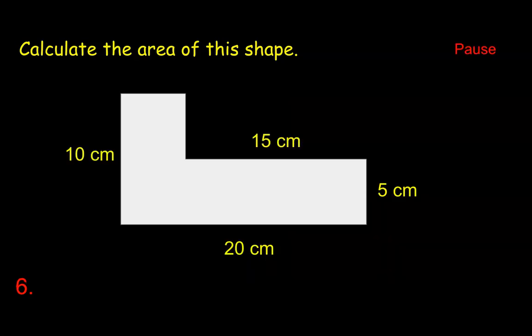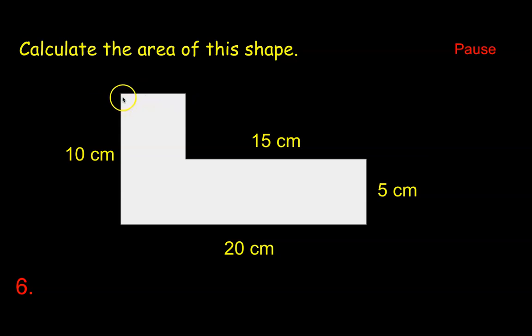Right, calculate the area of this shape. Don't rush through it. Rather pause, take your time, make sure that you understand what you're doing. Right, here we go. First thing I do is work out how long the other sides are. You can see we didn't know how long that one was and how long that one was. We may need it.